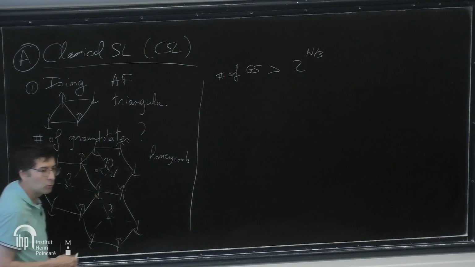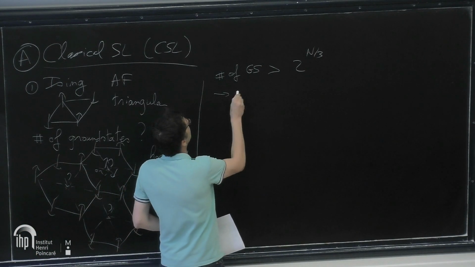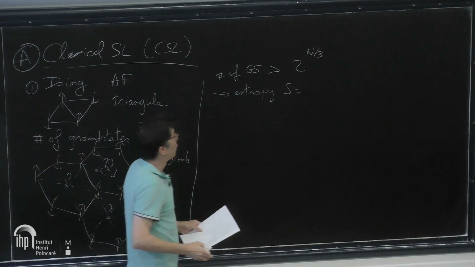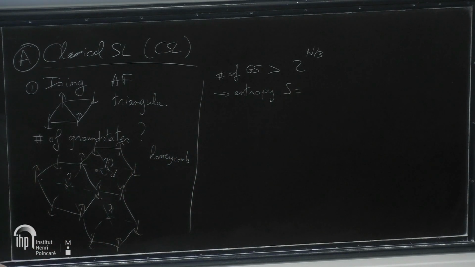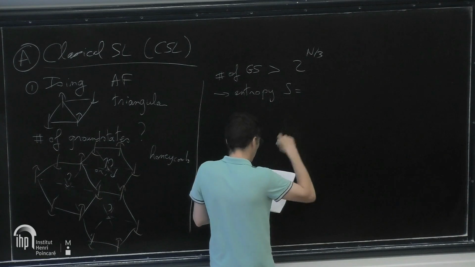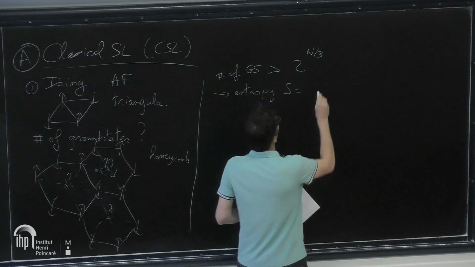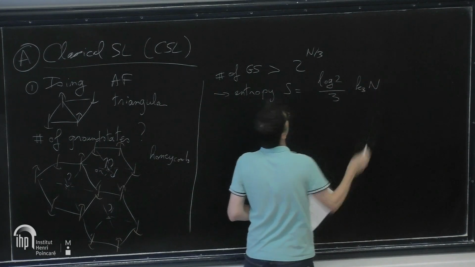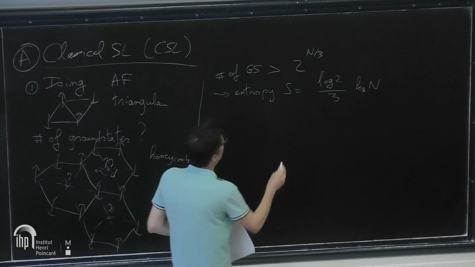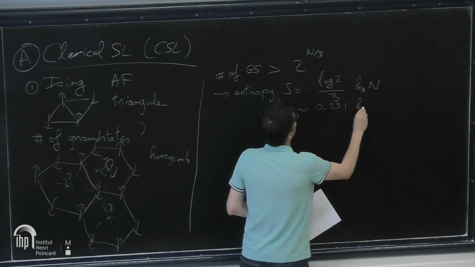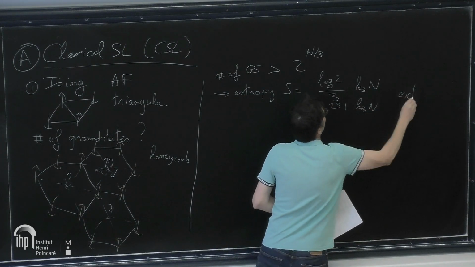What people compute is the entropy, which is simply, at zero temperature, we are talking about ground states, just the log of the number of configurations. So the entropy per spin would be log 2 over 3 times k_B N. And if you want this number, this is 0.231. So extensive.